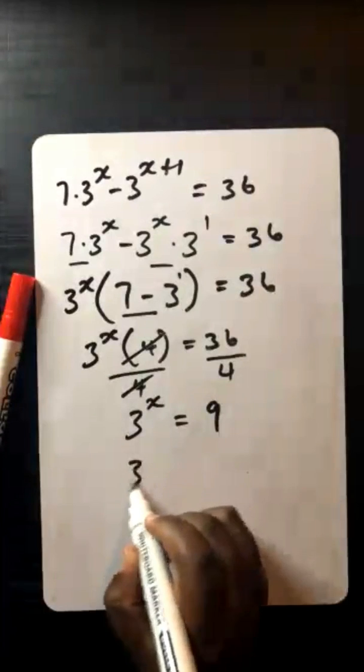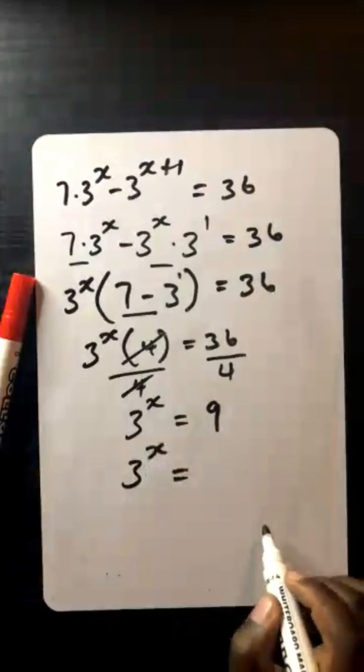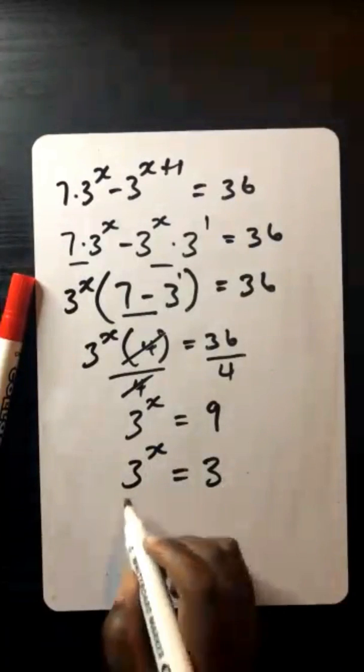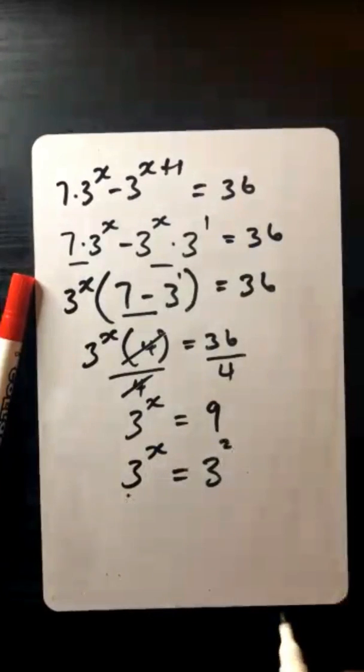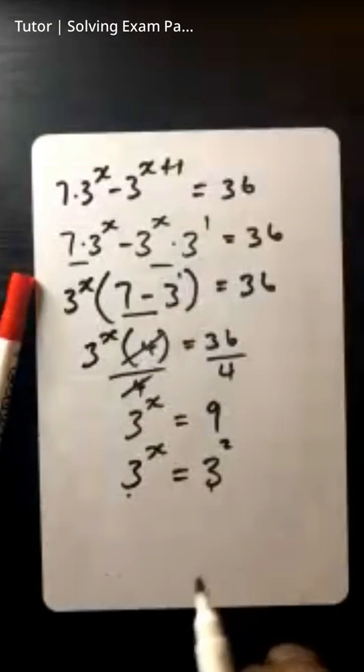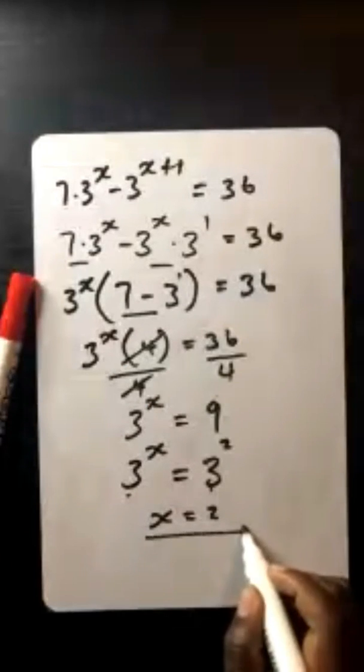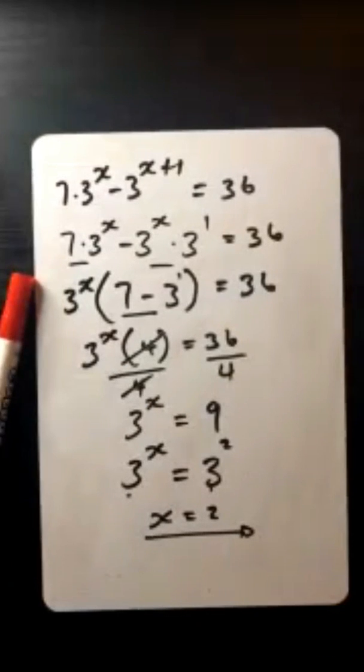So ladies and gentlemen, we've got 3 to the exponent x, and if we make our base 3 so that it is the same as that one, our exponent is equal to 2. Because the bases are the same, they can fall away, and then we've got x, which is equal to 2. So ladies and gentlemen, you can prove if that answer is wrong or correct.